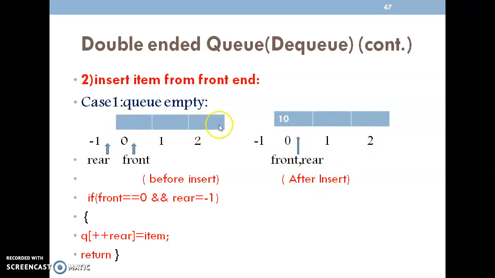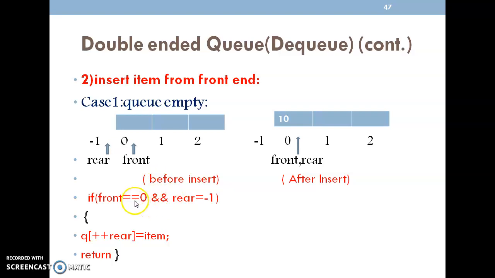In the first table, it is empty. When front is 0 and rear is -1, and both are satisfied, you can say the queue is empty. Or you can write if front is greater than rear. But in this condition you have to check both front equal to 0 and rear equal to -1. You can use this condition for checking whether the queue is empty or not.